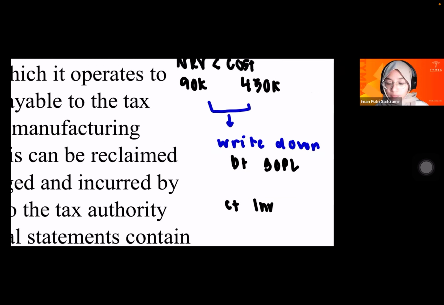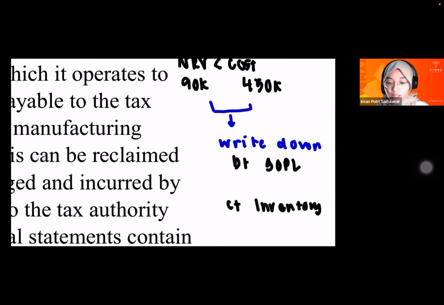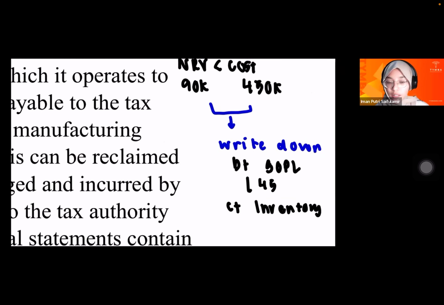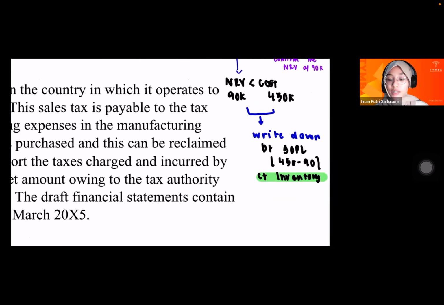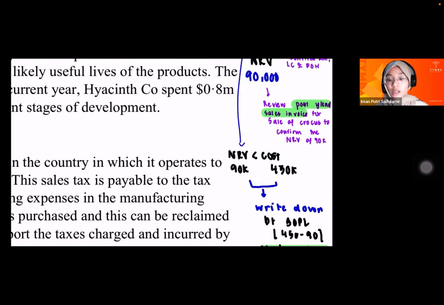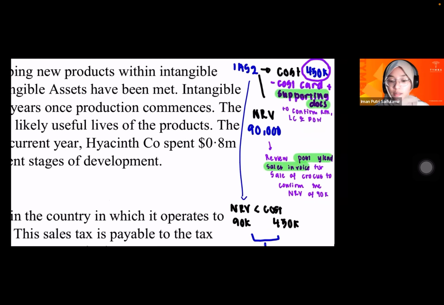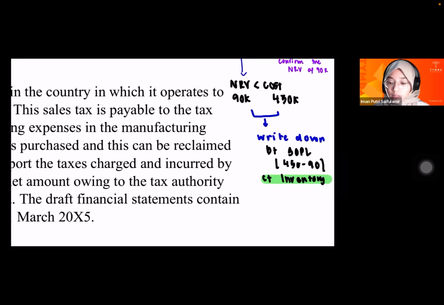Debit SOPL by how much? Basically 450 minus 90. We want to ensure that this is correctly accounted for in the inventory valuation. So there is a risk that this write down is not accounted for correctly.